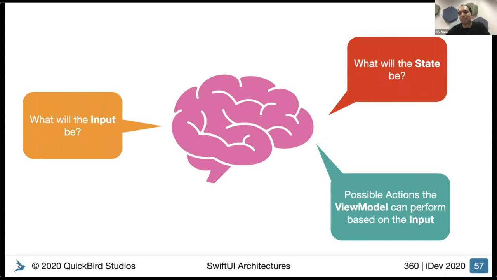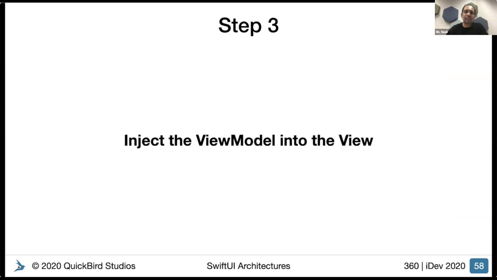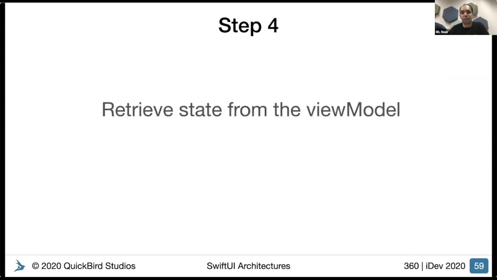So you normally think: what input should it have? What effect will that input have on the state, or what action will it perform? And what are the states? And then the last part is injecting the view model into the view so that the view can use it. I wouldn't call it a step, but it's more like then using the view model in the view.